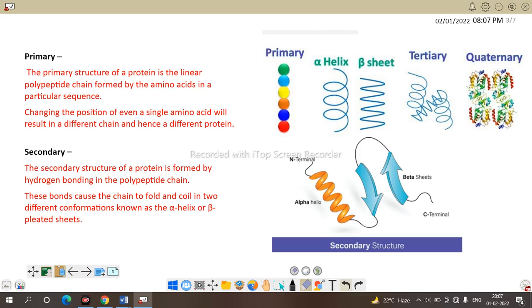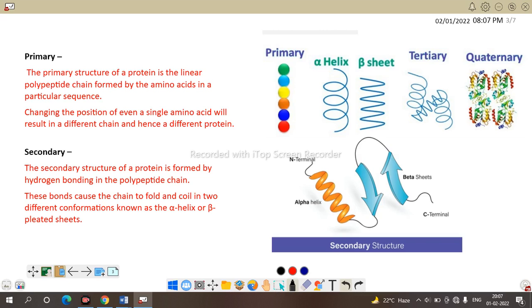The primary structure of a protein is the linear polypeptide chain formed by amino acids in a particular sequence. Here is the primary structure of a protein, where these balls indicate the peptide chain of amino acids which are arranged in a particular sequence. Changing the position of even a single amino acid will result in a different chain and hence a different protein.